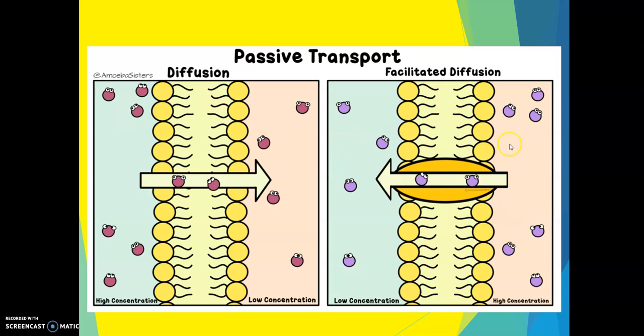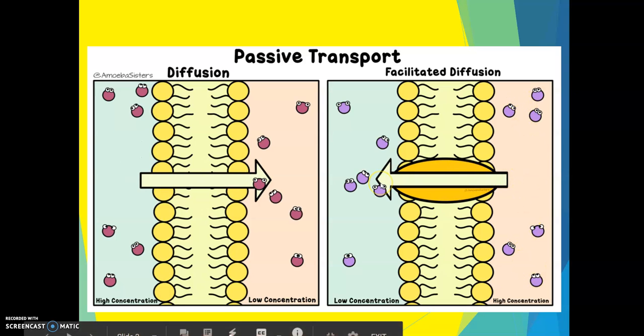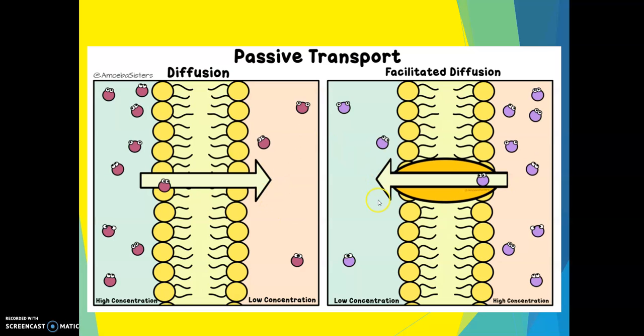And the same thing on this other side with another shade of purple circles, moving from an area of high concentration to low concentration. In both of these cases, this is called passive transport because the movement is going from high to low concentration until equilibrium, or homeostasis, or a state of balance is reached.